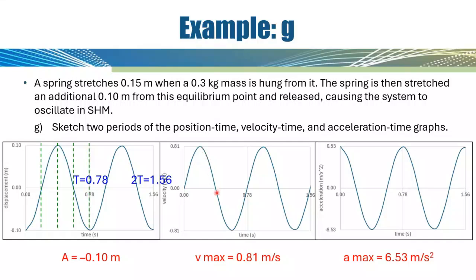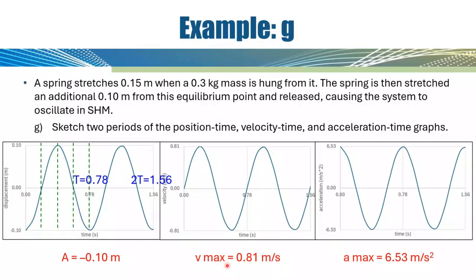And then we do our first oscillation, and we know that's going to be 0.78 seconds, and our second oscillation is going to take us to 1.56. How are we going to get these values on the y-axis? We actually just calculated them in the previous couple of questions. So it goes up 0.81 meters per second, and it goes down negative 0.81 meters per second.